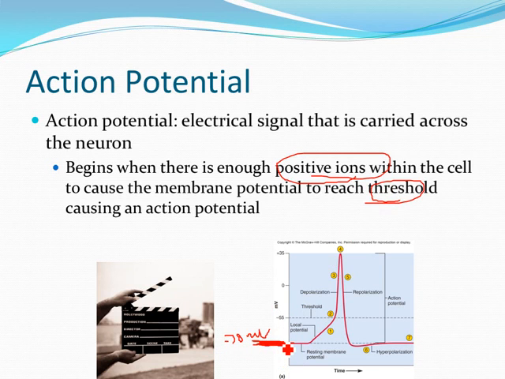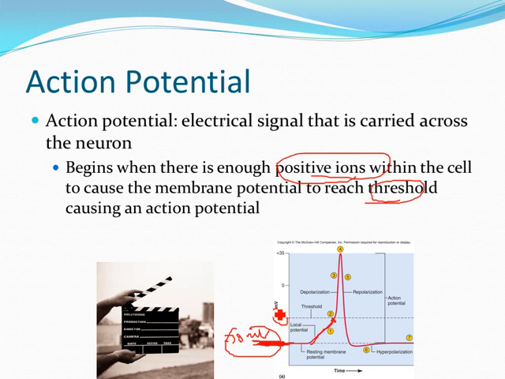If there's more positive ions, it's going to become more and more positive or less negative. Does that make sense? More positive ions coming in, it's going to become more positive or less negative. That makes sense, right? So at negative 70 millivolts, if there's more ions, notice how it's raising all the way to here at negative 55.